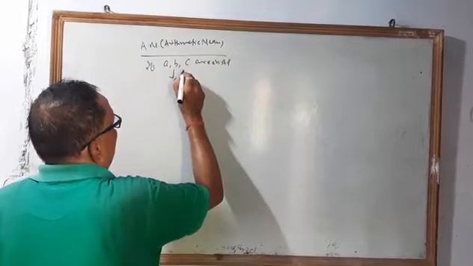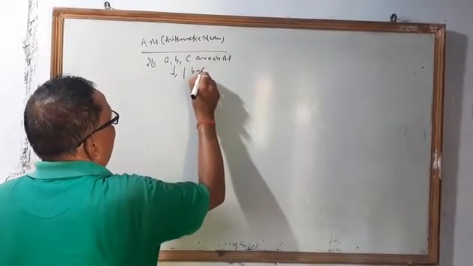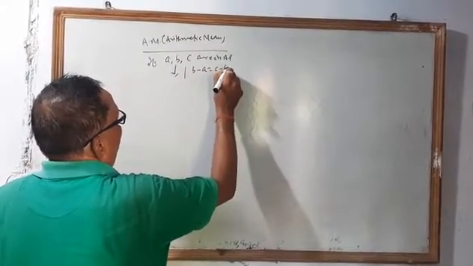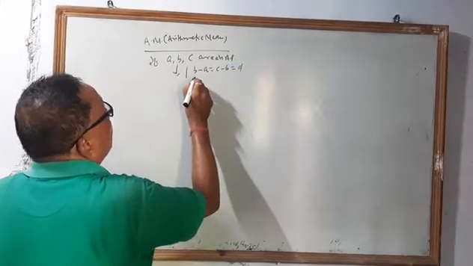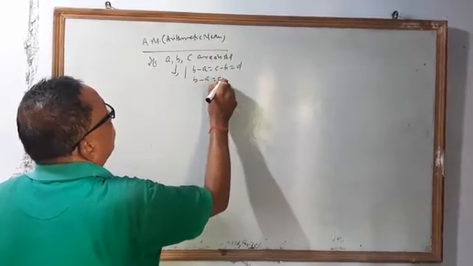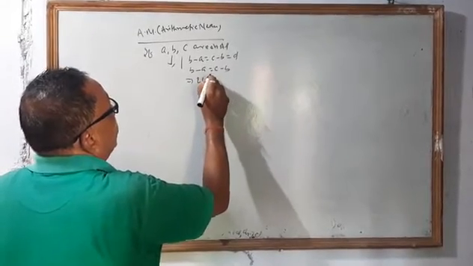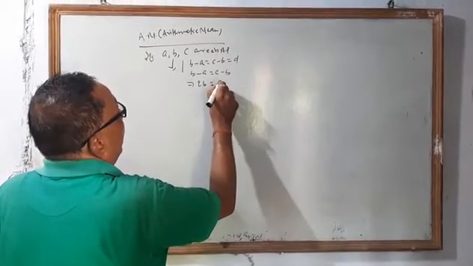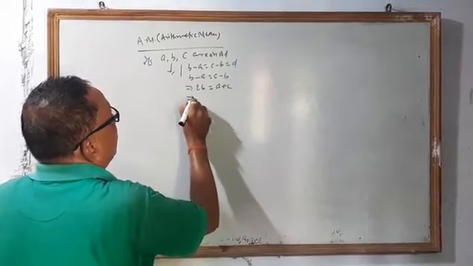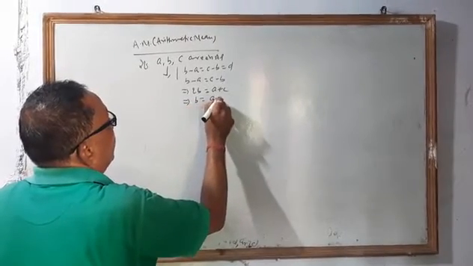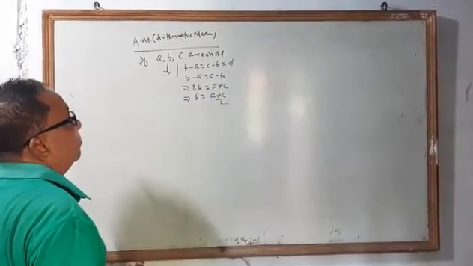That means b minus a equals c minus b, which equals d, so twice b equals a plus c, that is b equals (a plus c) upon 2.